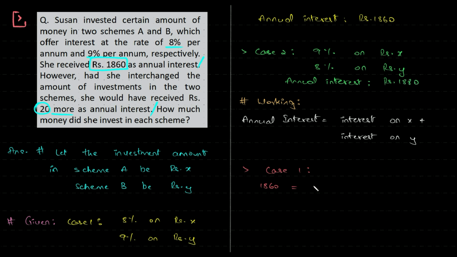Okay, now we have 1860 is equal to 8% on X and 9% on Y. Multiplying by 100, this is 186,000 is equal to 8x plus 9y. That would be our equation 1.